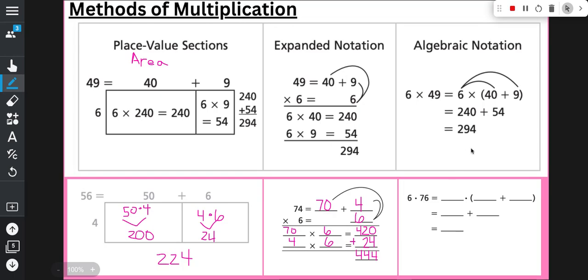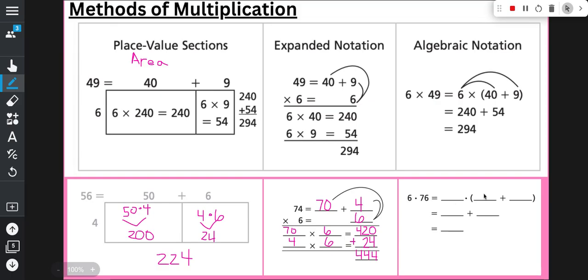The last one is the algebraic notations method. This one uses the distributive property. The distributive property is when we pass out numbers to other things. So if I have 6 times 76, a lot of times in this first blank, people want to put the actual answer to that problem, but that's not what it's looking for.